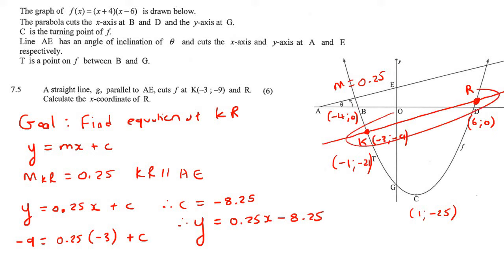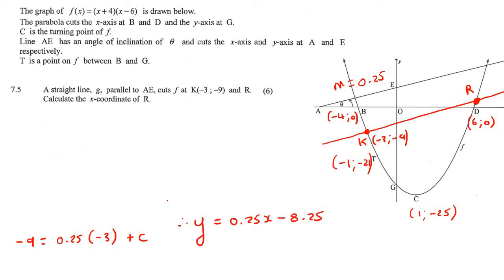Now we know the equation of this line, so we can simply make it equal to the parabola, and that'll tell us K and R. We already have K, but that's okay. So let's go do that. We're going to make the two equations equal to each other now. So we can say 0,25x minus 8,25, and we can make that equal to the parabola's equation.